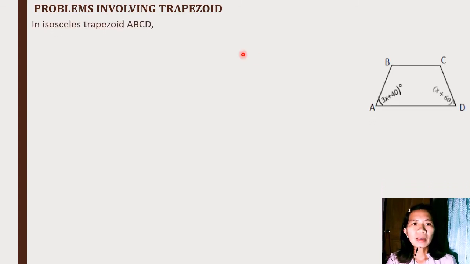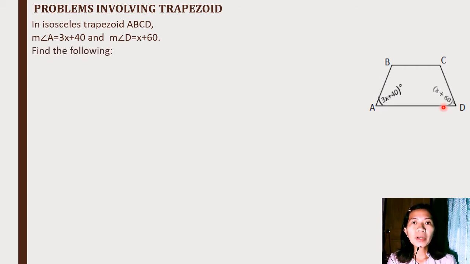So let's have problems involving trapezoid. We have this problem. In an isosceles trapezoid ABCD, measure of angle A is equal to 3x plus 40 degrees, and measure of angle D is x plus 60.